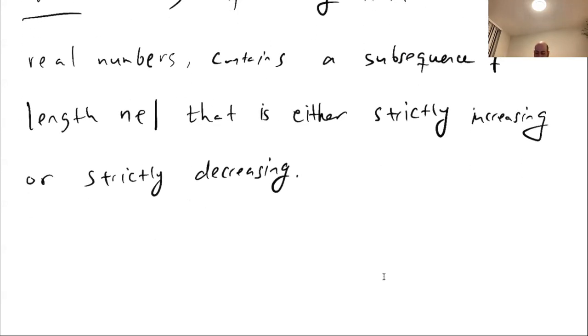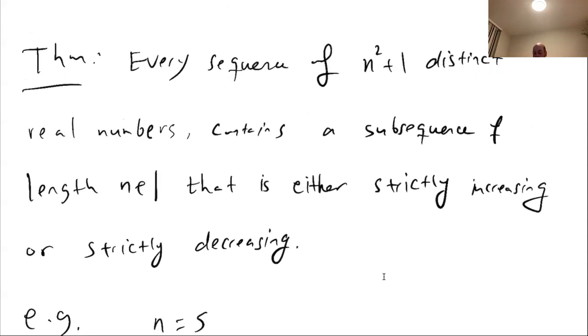So before proving the theorem, let me give you an example. For example, let's say n equals 5, then that means I have 26 distinct real numbers.